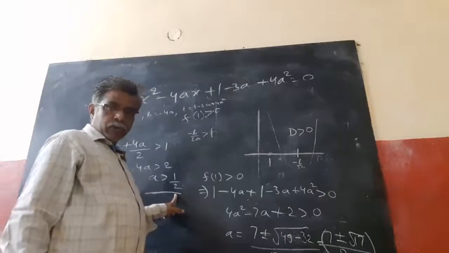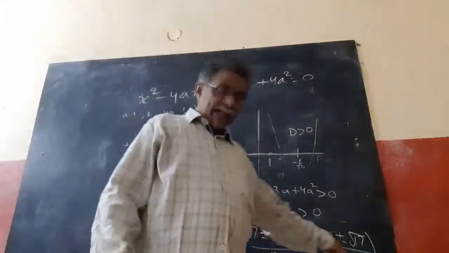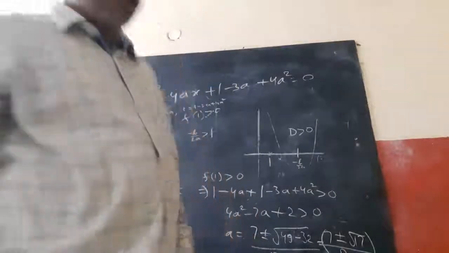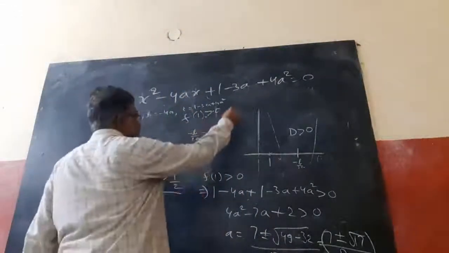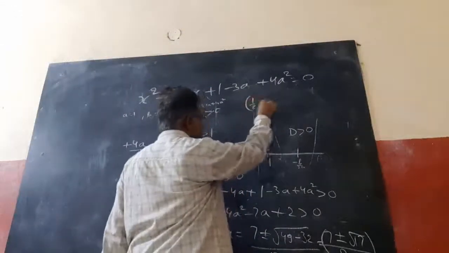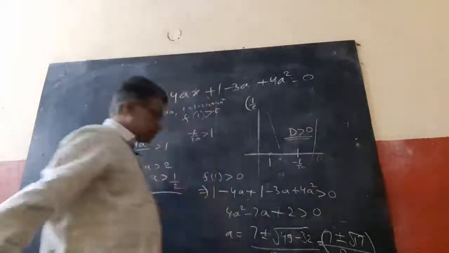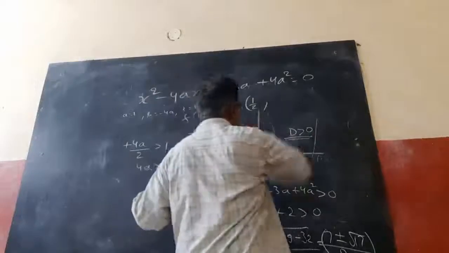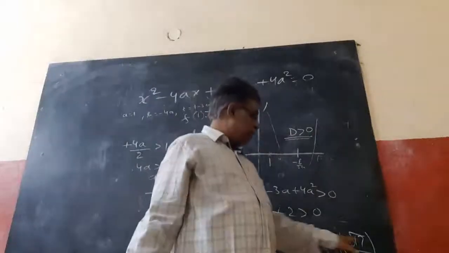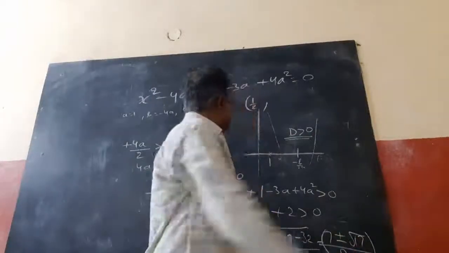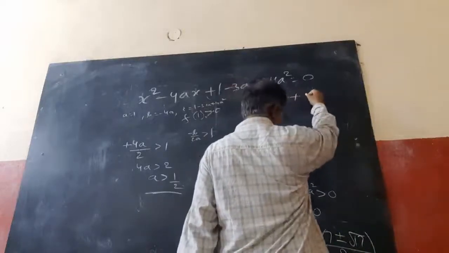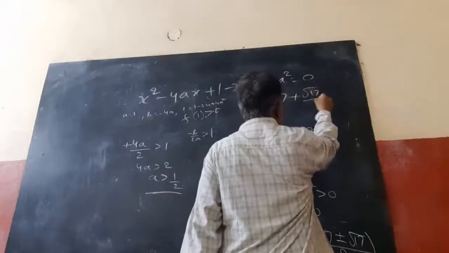So the fourth option we can go. Instead of going for this, directly using the options I can say this is more than 1 by 2, but the maximum value is 7 plus root 17 by 8. So I can say this is 1 by 2 to 7 plus root 17 by 8.